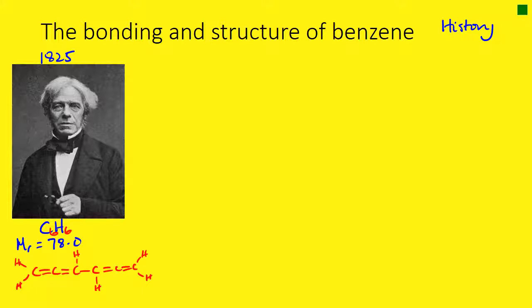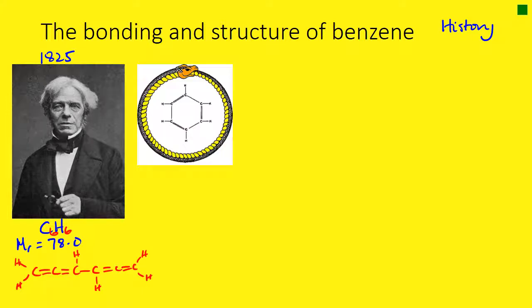And it fell to a scientist called Kekule in 1865, and he benefited from a dream. He dreamt of a snake eating its own tail, and from that dream he came back into his lab and proposed a cyclical structure for benzene. That cyclical structure is drawn in the middle of that snake there.